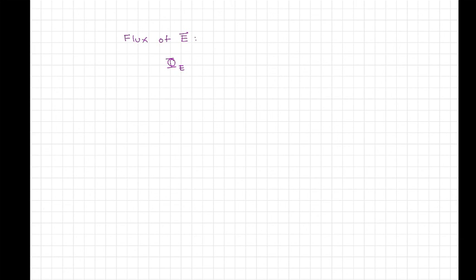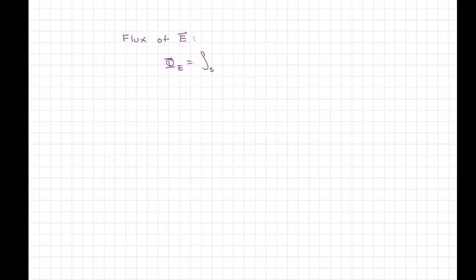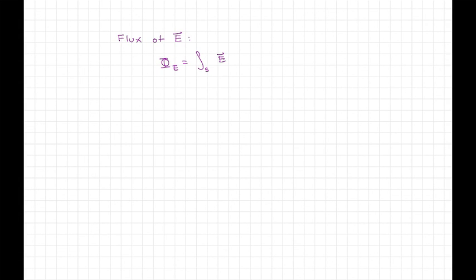So we're going to use the capital phi for that, and that's going to be equal to a surface integral of the electric field dotted with those little infinitesimal elements. That's an important equation to remember.